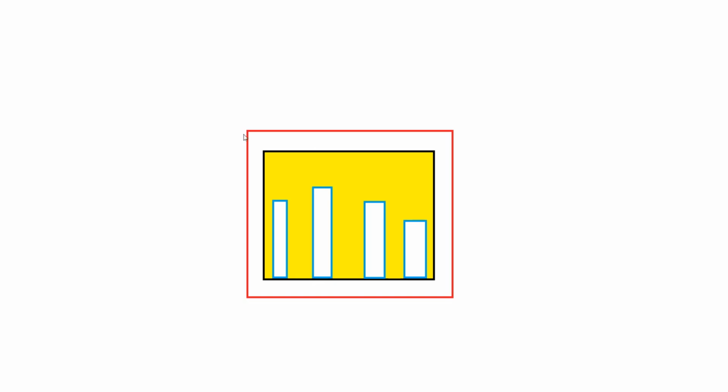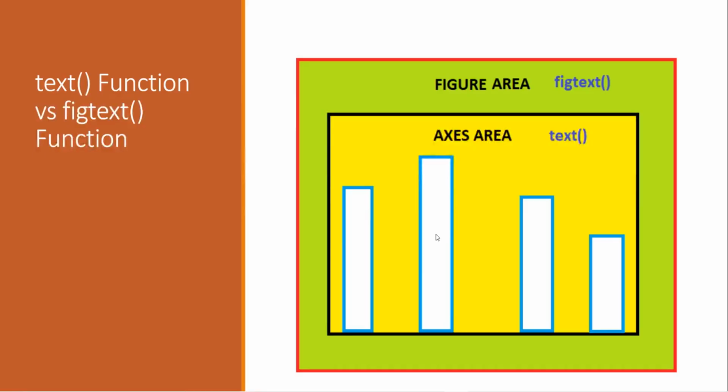Now you see one more border line with red color. I filled this area with green color. This green color area is the figure area. If you use figtext, you can add text in both the areas, the figure area or the axis area. The only difference between both the functions is that by using the text function, you only add text to the axis area, and if you use the figtext function, you can add text to both the areas.